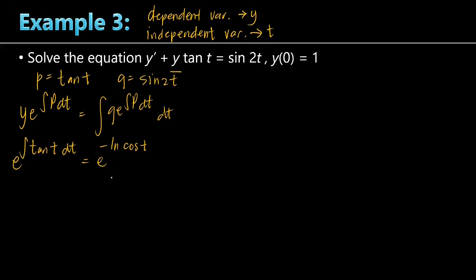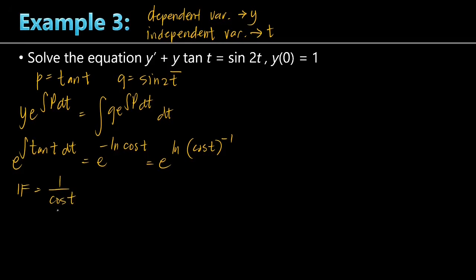Diba? So, I can write this as e to the ln of the entire cosine t raised to the negative 1. Diba? Kung saan, yung e at ln ay magka-cancel. Kaya, ang ating integrating factor na if, ito yon ay cosine t raised to negative 1 or simply 1 over cosine t.